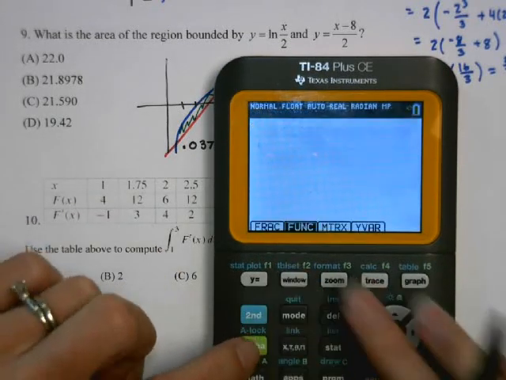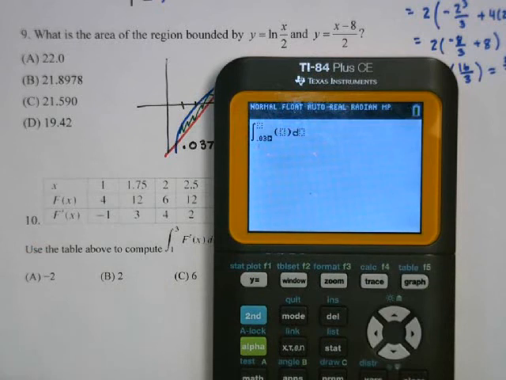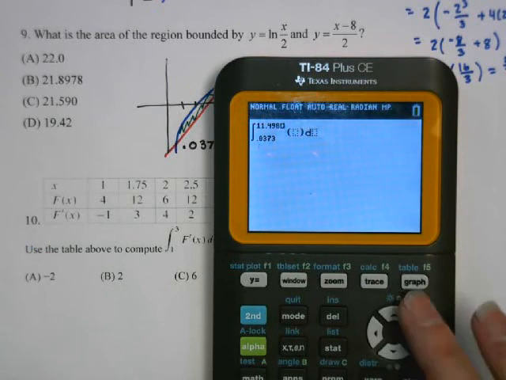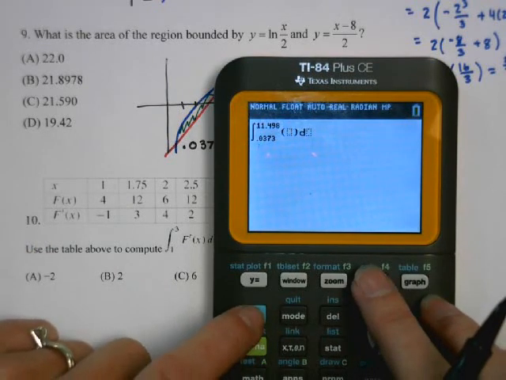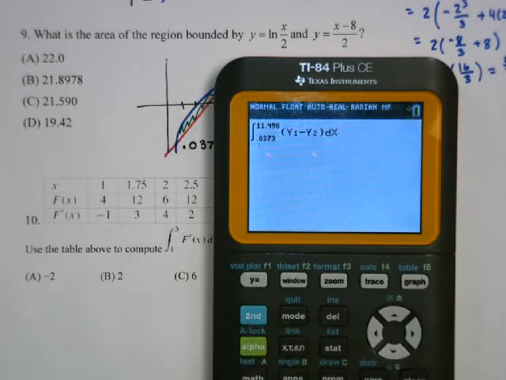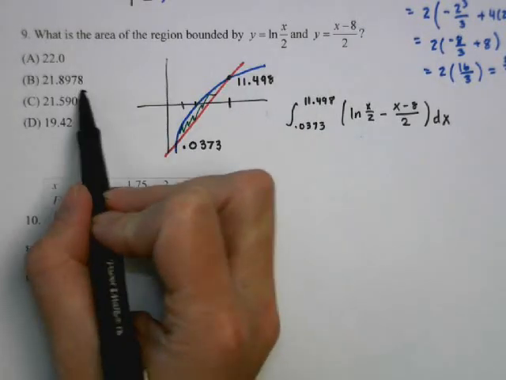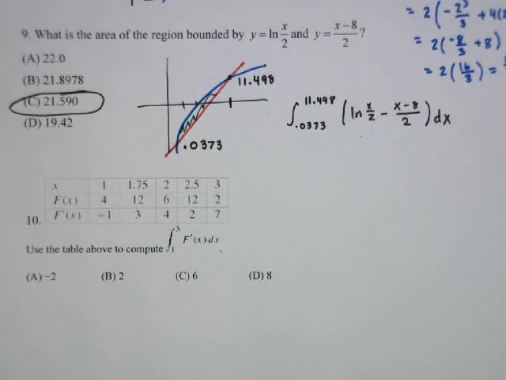So I can just do the integral from 0.0373 to 11.498 of y1 minus y2 and we get 21.590.